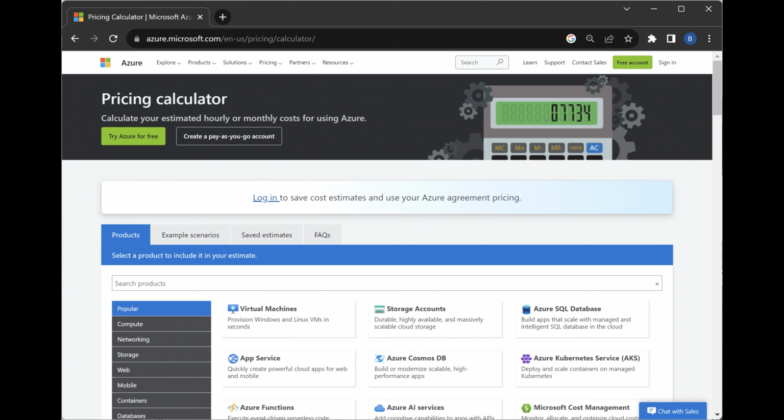You can even account for different storage options like storage type, access tier, and redundancy as well. There are different examples and tabs, and we will be discussing all of this later in detail.